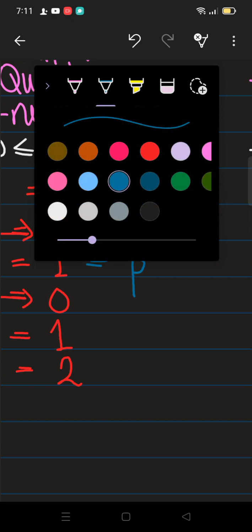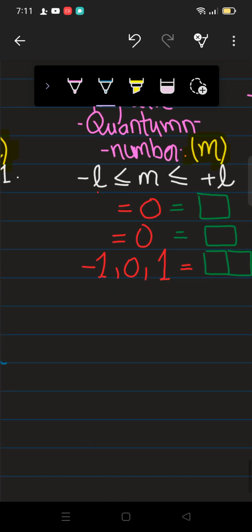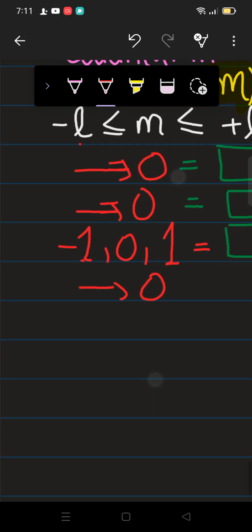Which means S, P, D. Now here we are gonna have the D subshell as well. For S we have already calculated, there is only 0. Then in P we have minus 1, 0, 1. Now we need to check for the D.